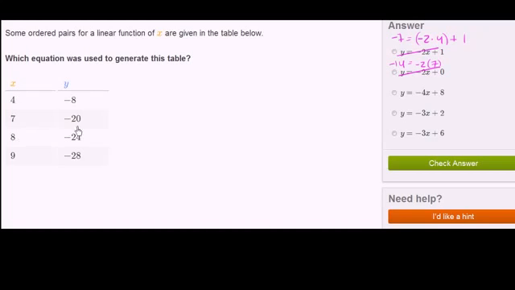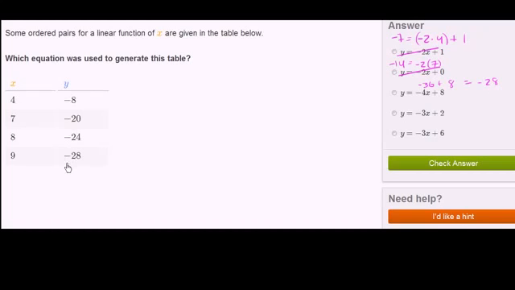So let's see what happens when x equals 8. Negative 4 times 8 is negative 32, plus 8 is negative 24. So that satisfies, when x is 8, y does equal negative 24. And then finally, let's look at that last point. When x is 9, negative 4 times 9 is negative 36, plus 8 is equal to negative 28.